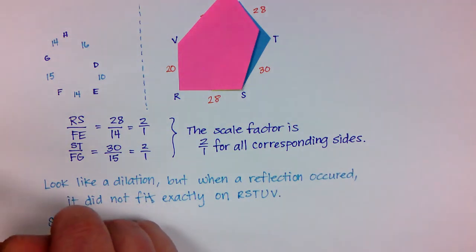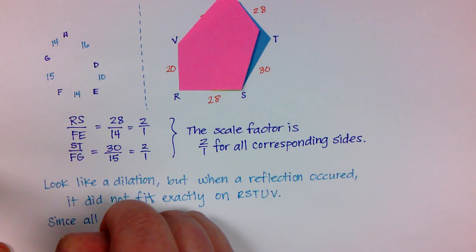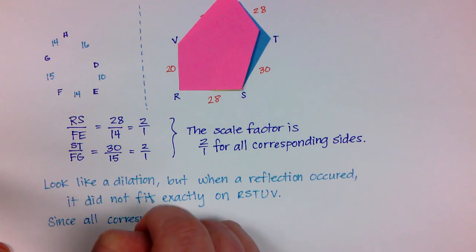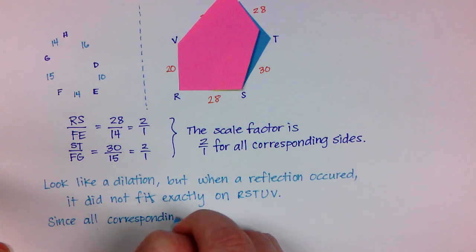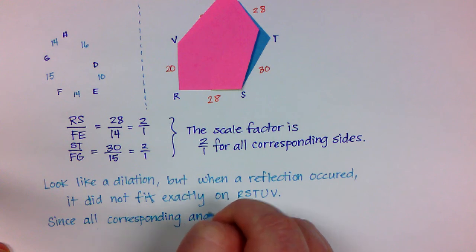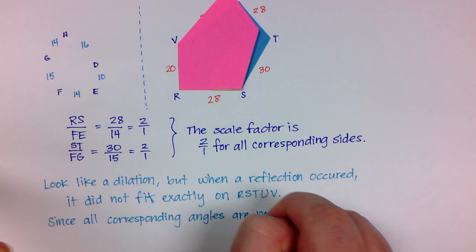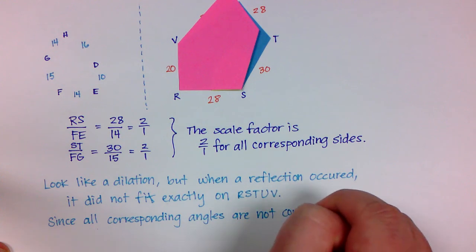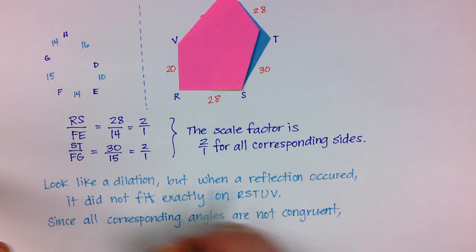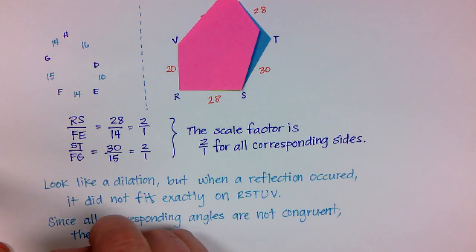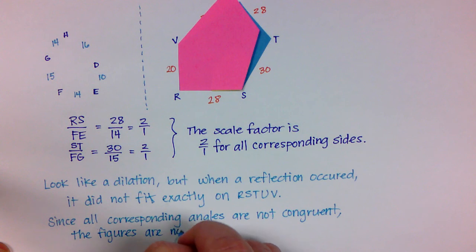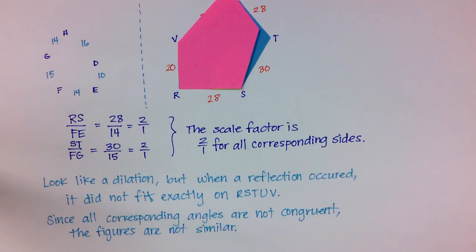So since all corresponding angles are not congruent, the figures are not similar. Okay, and that's what we're going to write for our explanation.